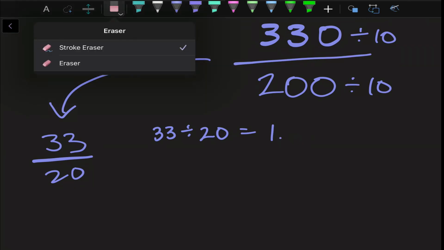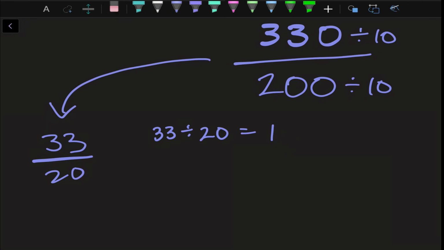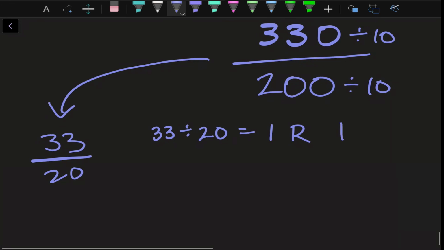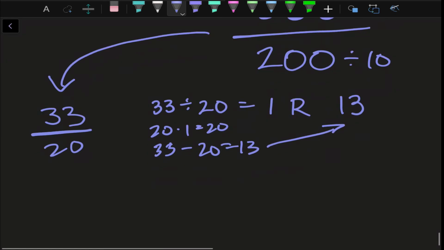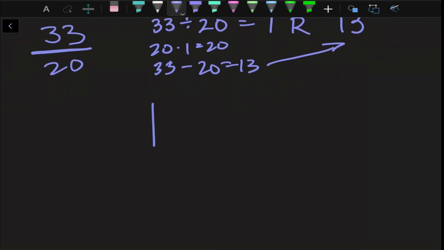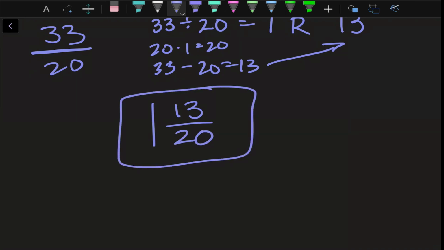We'll have a remainder of 13. Yes, because I have 20 times 1. This is always how we double check the remainder. 20 times 1 is 20. And 33 minus 20 is equal to 13. So 13 is my remainder. And then if I go to write this, 1, our remainder is our numerator and keeping the same denominator. So the answer is 1 and 13 over 20 for that last question.